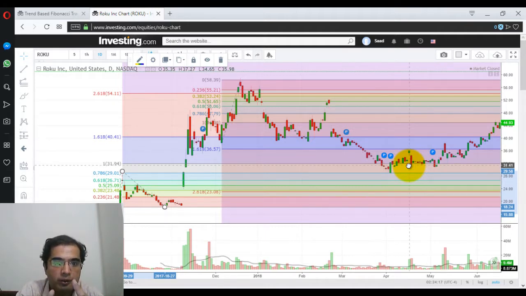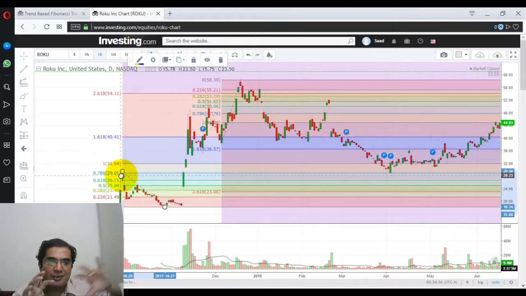Now that's another important thing that most people ignore. Why did the price jump from it? We were aiming for this high because from after 36.57, this was the target. And if we look closely, this low is the same number at which the first high was made. So you need to look at it from the support and resistance angle as well.